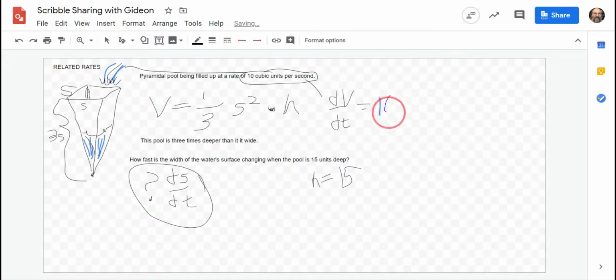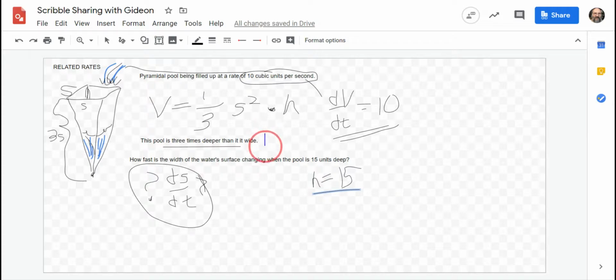All right, so we have fact one given to us in the first sentence, the formula given to us. The pool is 3 times deeper than it's wide. That's another fact. And then finally, a question. They're asking for ds dt, but they're giving h as 15. The pool is 3 times deeper than it is wide, right? That was the 3s.